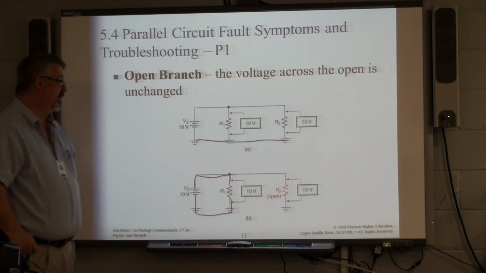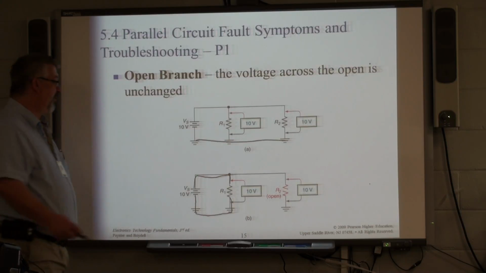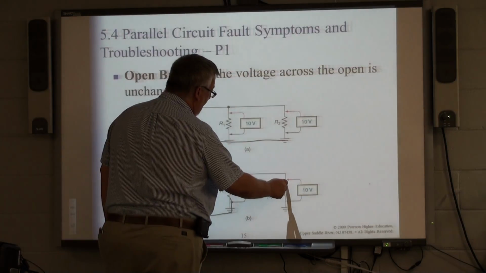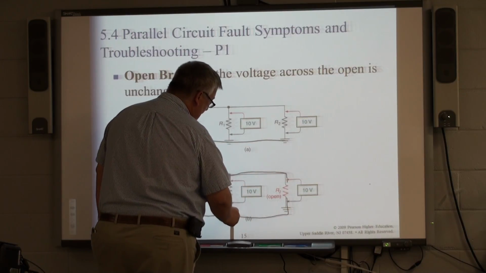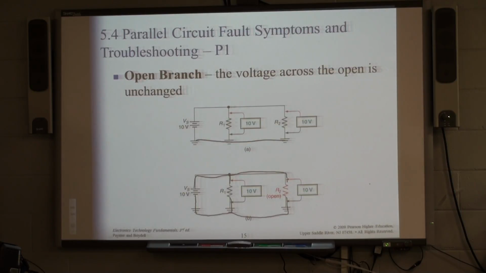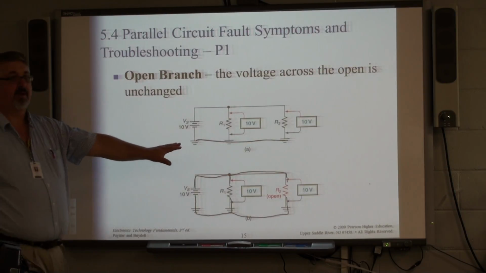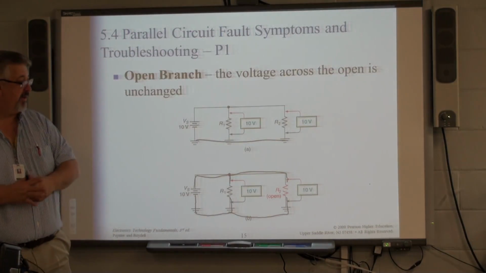If R2 opens, what am I going to measure? 10 volts. And the reason for that is I'm going right back to my source. Now R2 is no longer in parallel with R1. The remnants of the connections are, but R2 is no longer there.